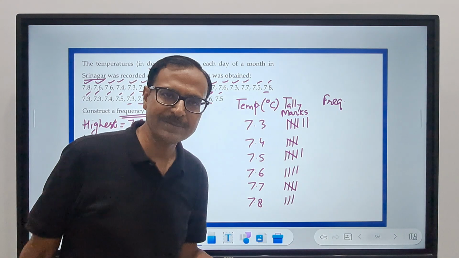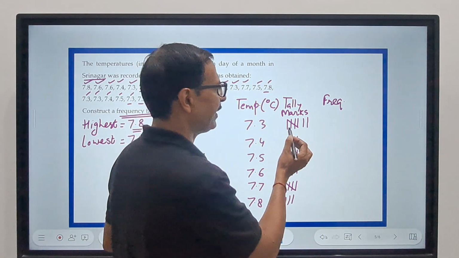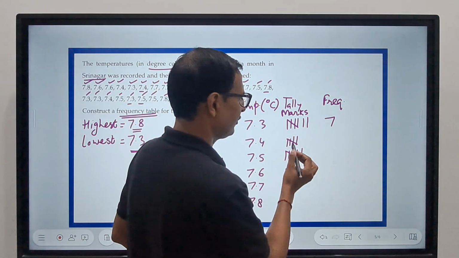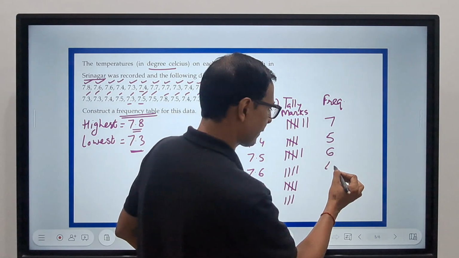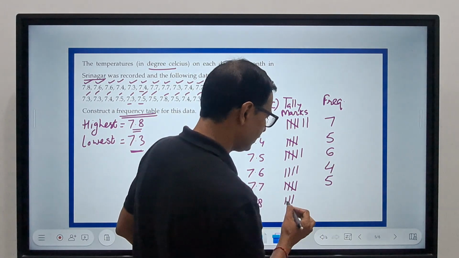See, I have drawn the tally marks. So it is easy for me to count now. 5 and 2, 7, 5, 5 and 1, 6, 4, 5 and 3.